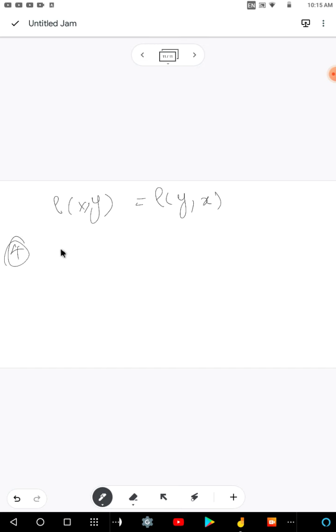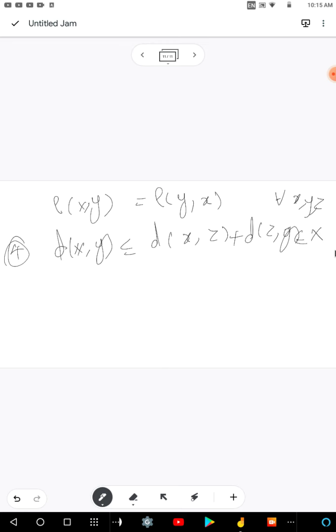The fourth property is the triangular inequality. d of x comma y should always be less than or equal to d of x comma z plus d of z comma y for every x, y, z belonging to X. So what is d of x comma y? The maximum of d1 of x comma y, d2 of x comma y.